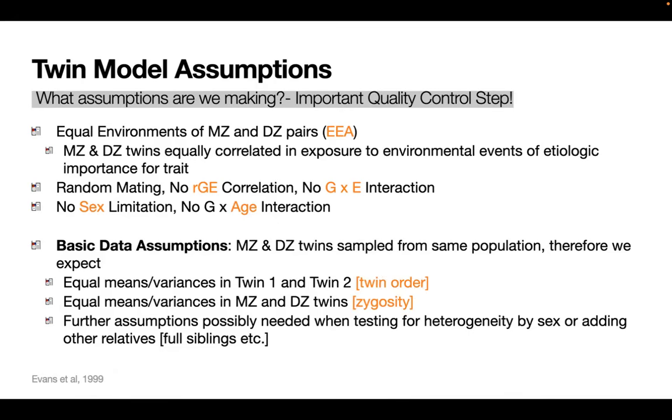So therefore, we expect that both the means and the variances are equal for twin 1 and twin 2, as they are typically assumed to be randomly assigned to being twin 1 and twin 2. But we further expect that the means and variances are equal for MZ and DZ twins. And this is exactly what we're going to test in our first OpenMX model applied to twin data. We may need further assumptions when we test heterogeneity by sex or other relatives, but we'll get to that later.